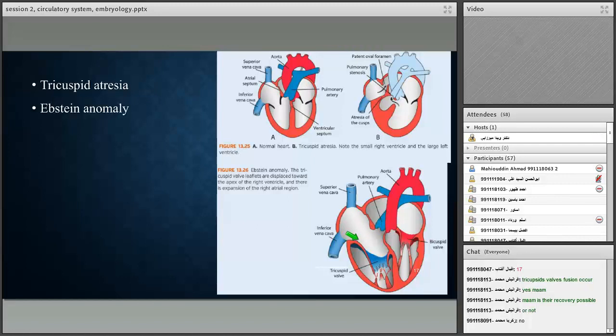So we can see that the leaflets of the tricuspid valve are attached toward the apex of the right ventricle. As a result, there is an expanded right atrium, a big right atrium, and a small right ventricle. The blood is entering the pulmonary artery from this side, atrioventricular canal.